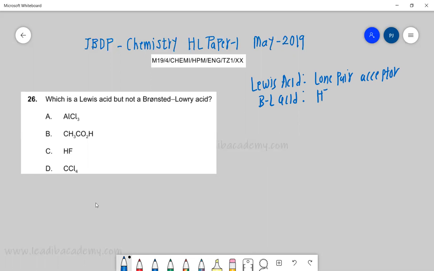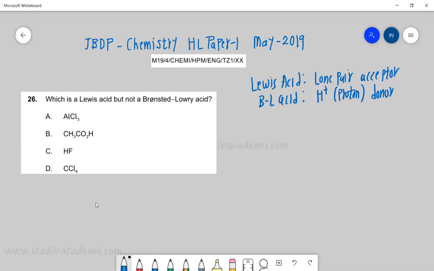Simple. It is a proton donor. So what they are saying is that it should not be a proton donor, but it should be accepting the lone pair. That is what they are asking. So let's look into this.